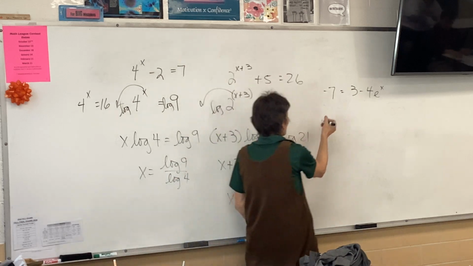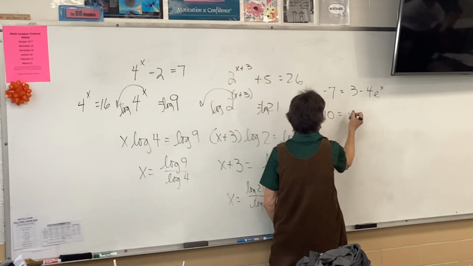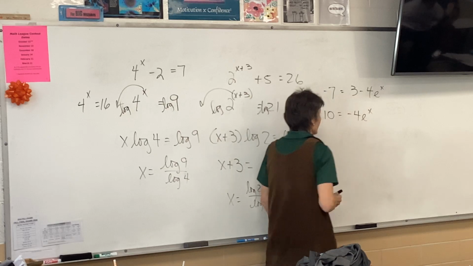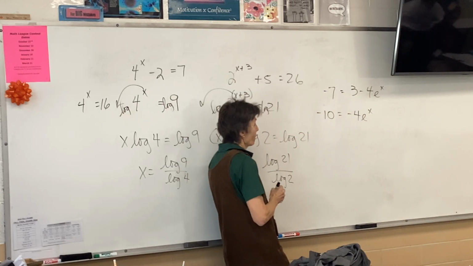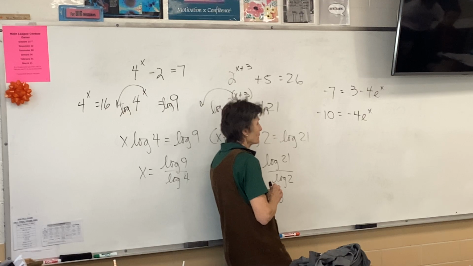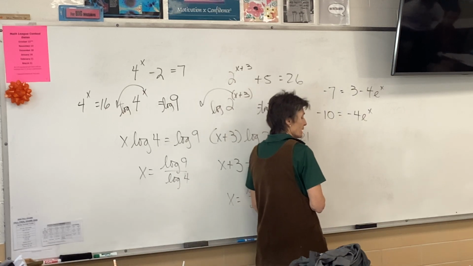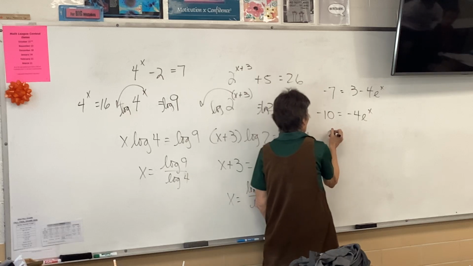Move the 3 over, so we have negative 10 equals negative 4 e to the x, okay? So the negatives are going to cancel, 5/2.